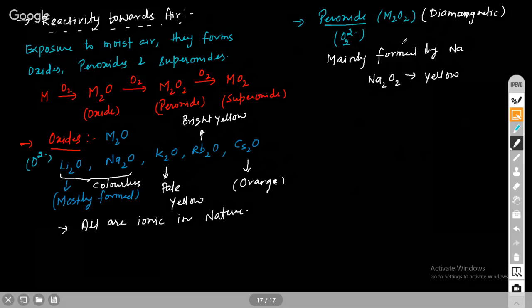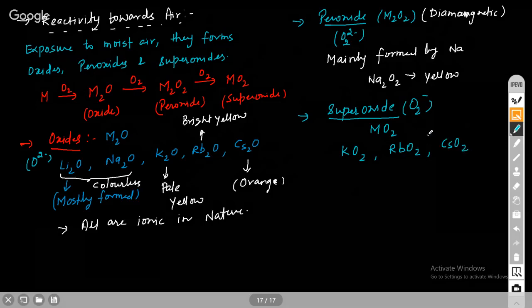Okay. Next is superoxide. Superoxide is O2- type. The general formula is MO2, generally formed by potassium, KO2, rubidium, and cesium. This contains an odd electron bond.